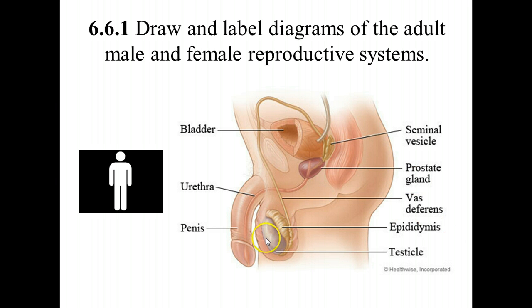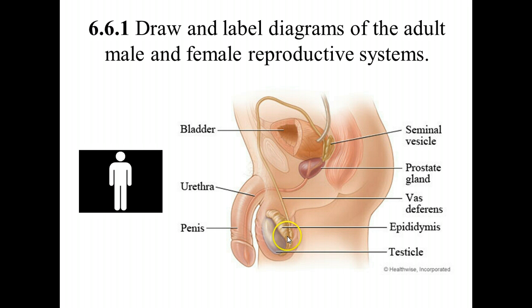In the testicle, the male reproductive cells, or the gametes, the male gametes, also known as sperm, mature. So they go through meiosis here, specifically spermatogenesis, which we'll go over a little bit more in another unit. But these cells, these male gametes or sex cells, develop here in the testicle.